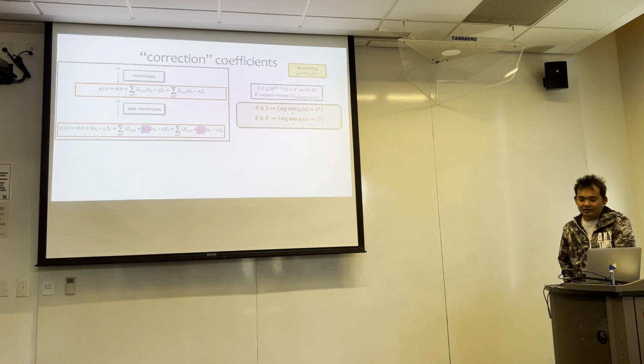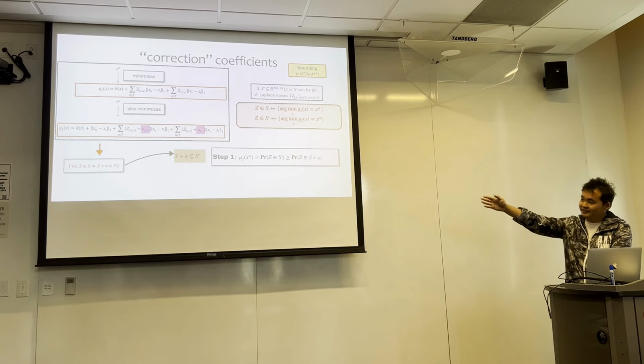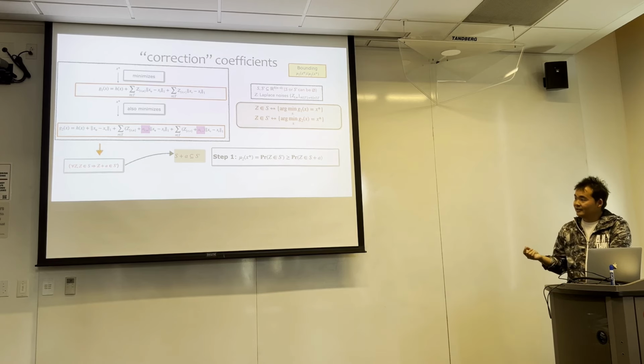Directly studying the structure or properties of S or S prime can be very difficult, but luckily, with the power of the correction coefficients, we can compare them very easily. This is how we do that. By the promise of these coefficients A_tw and A_tv, for any noise in S, which is equivalent to X star minimizing G1, if I add the correction coefficients to it, it becomes a part of S prime, because it makes G2 also minimized by X star.